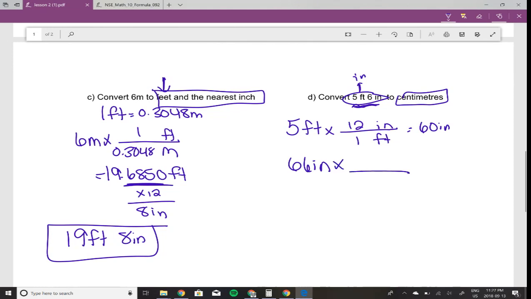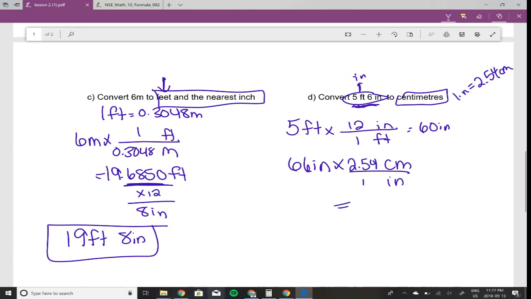And then we multiply by our conversion factor. So if you check your formula booklet, 1 inch is 2.54 centimeters. So we want centimeters, we want to get rid of inches. So 1 inch is 2.54, and we're multiplying.